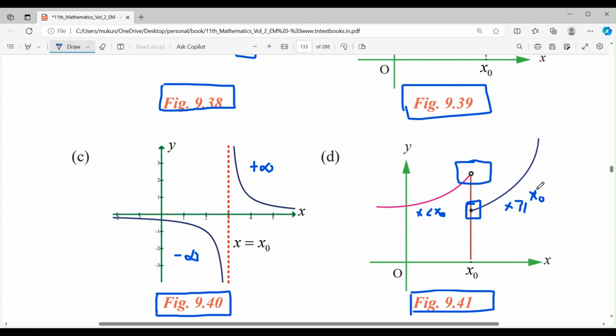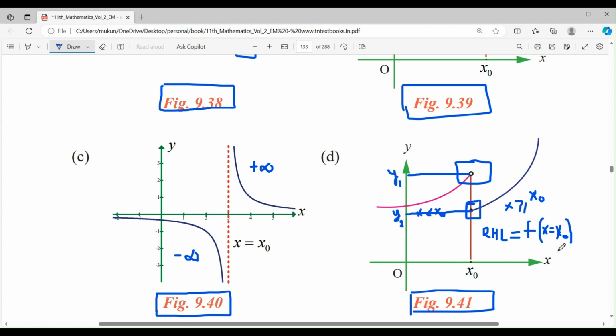So here my LHL will take a value. Let me call this, say, y1, right? And my RHL will take a value, say, let me call this y2, right? So in this case, my RHL equals f at x equals x naught.